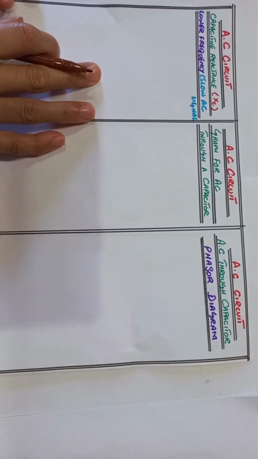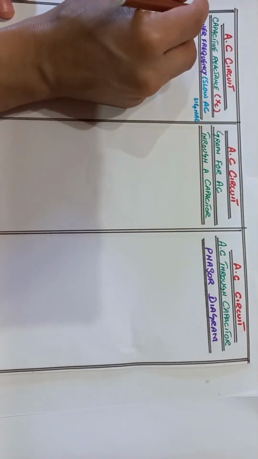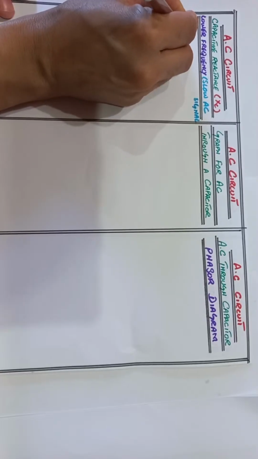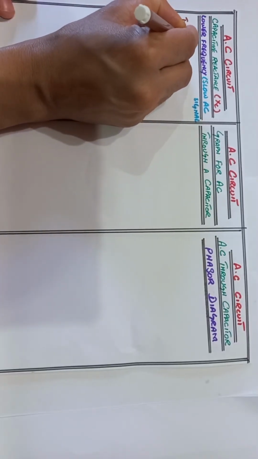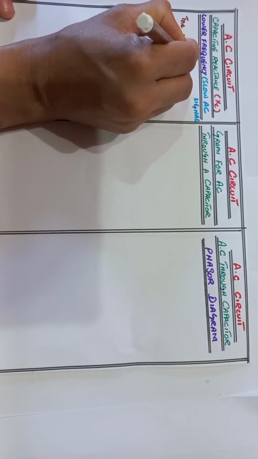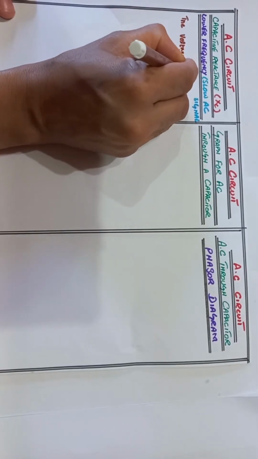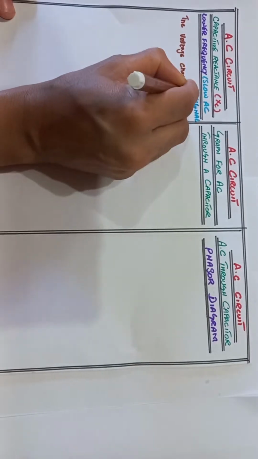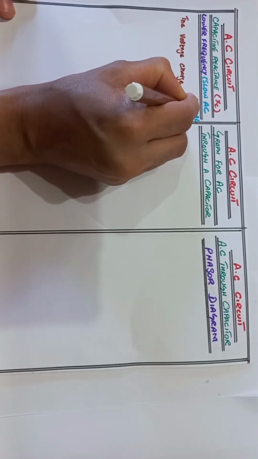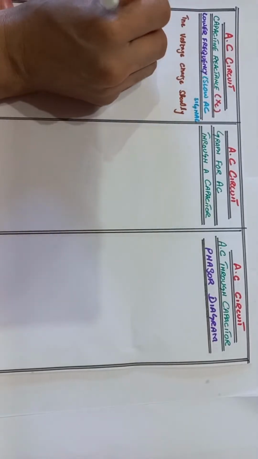So here we write that when the low frequency AC signal is applied to the capacitor, the voltage changes slowly across the capacitor. The voltage changes slowly.